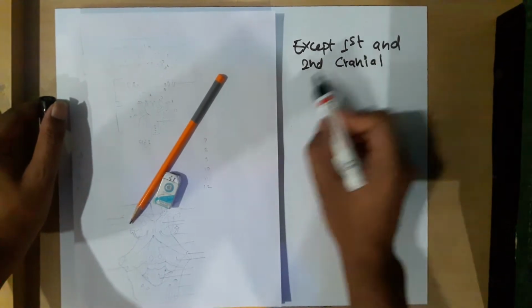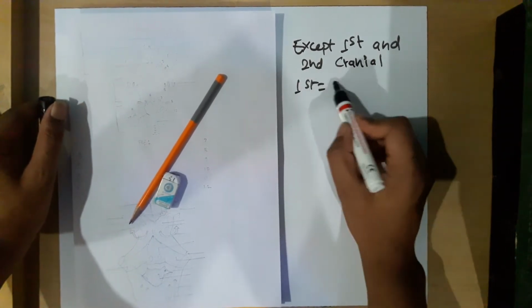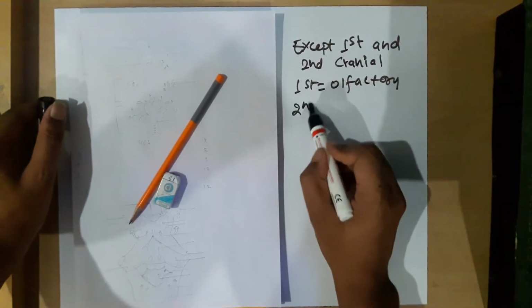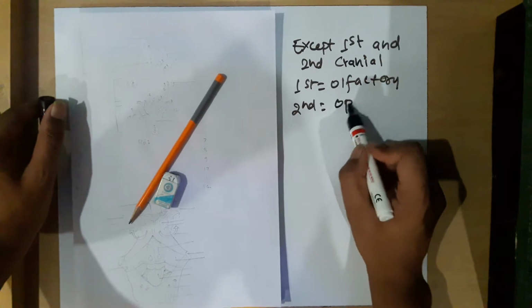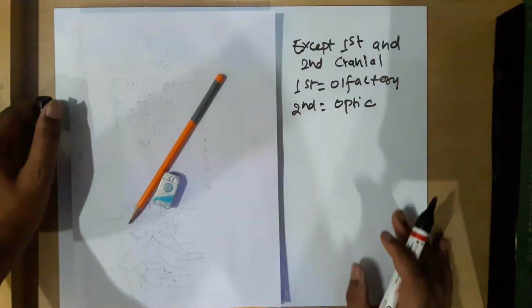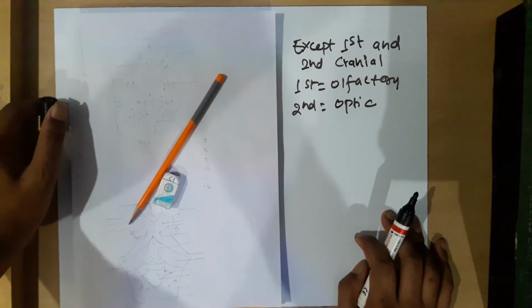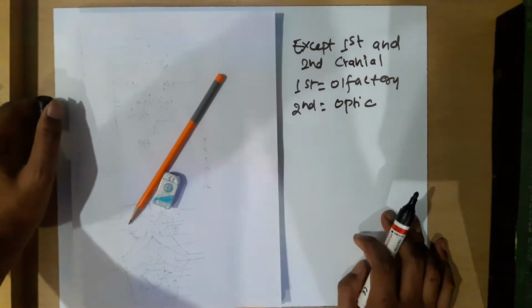What are they though? First is the olfactory, and the second cranial nerve is the optic. So I hope you can remember this one. First two you have to remember, olfactory and optic, and you should also remember the sequence of the cranial nerves.